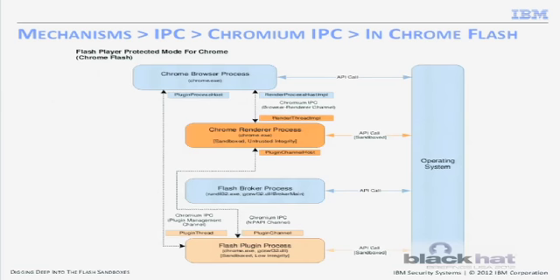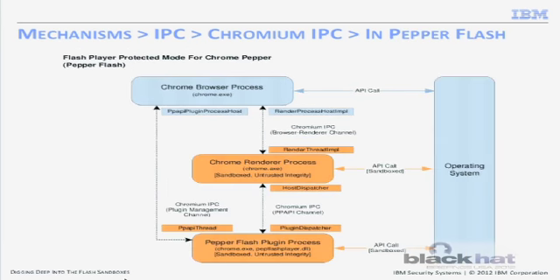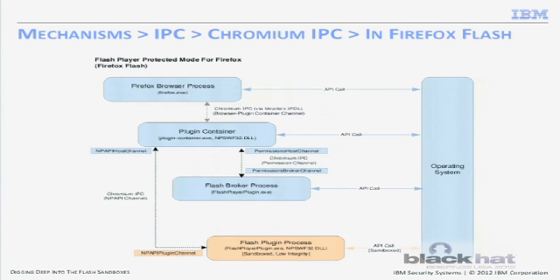To visualize, the Chrome browser process, the renderer process, and the Flash plugin process are all interconnected via Chromium IPC connection. In Pepper Flash, it is the same. In Firefox Flash, the plugin container communicates with the Firefox browser process, the Flash Broker process, and the Flash plugin process via Chromium IPC connection.